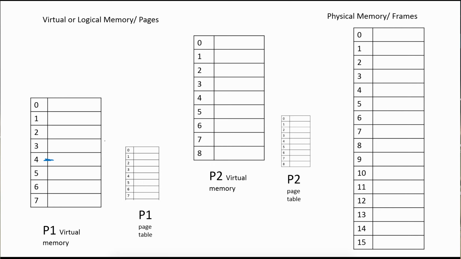So this would generate a logical address that's broken up like this, and it would be page number 4 and the offset within the page. This could also be represented like this, which would be page number 4.